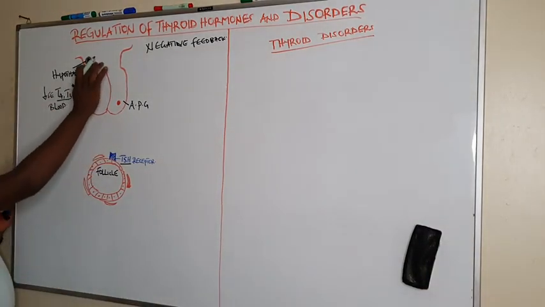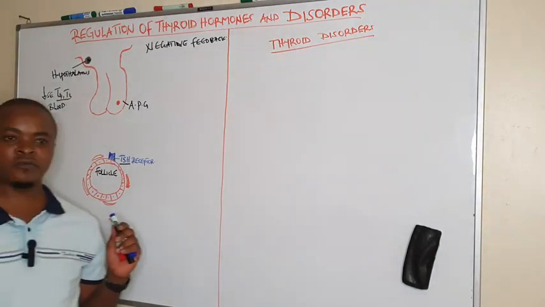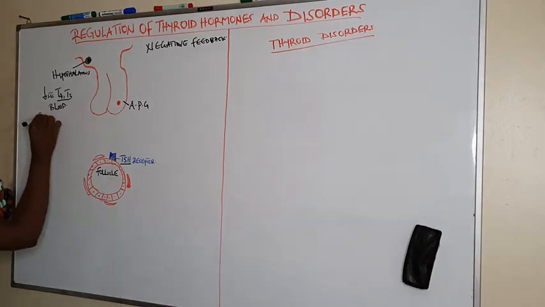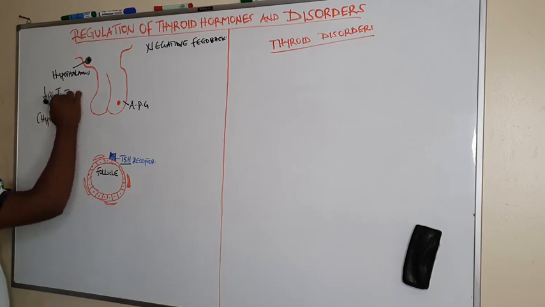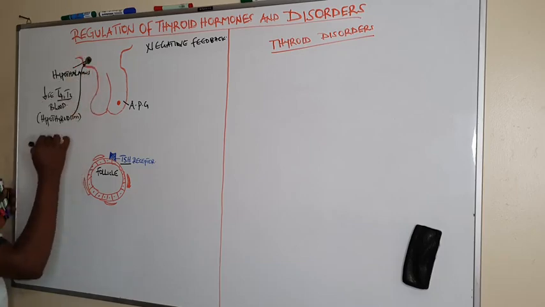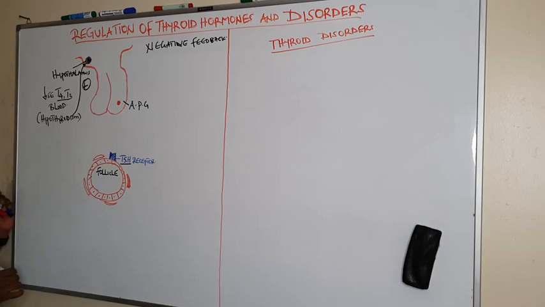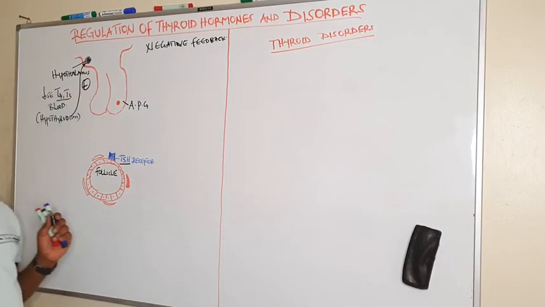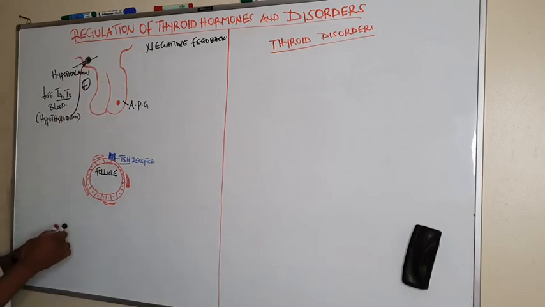So this hypothalamus is going to detect the low levels of T3 and T4, which we call hypothyroidism, and it is going to stimulate the hypothalamus to synthesize and secrete thyroid releasing hormone.